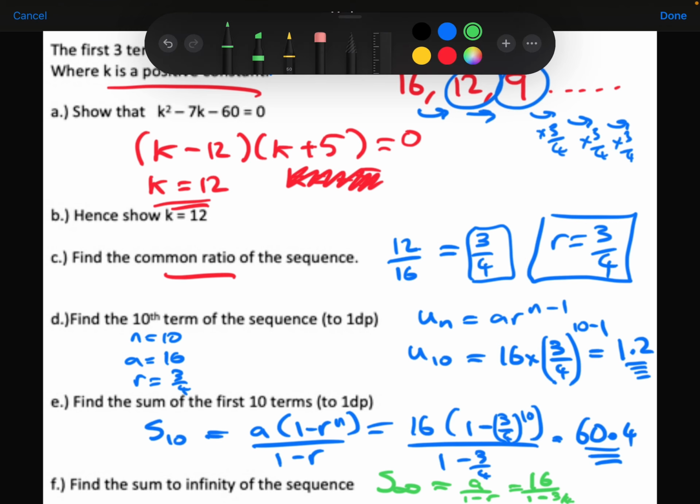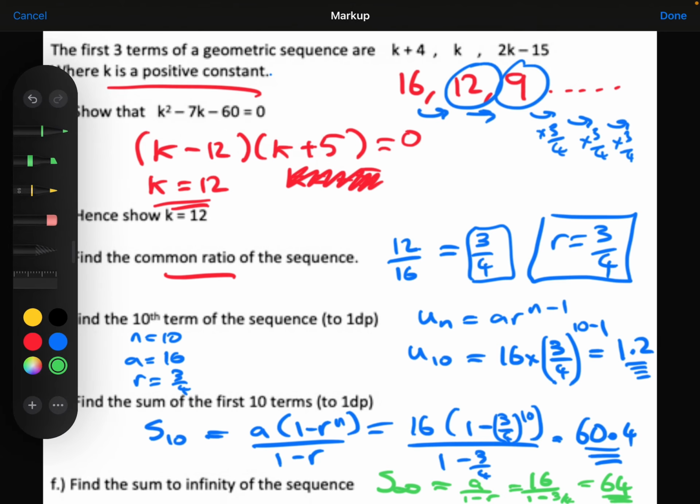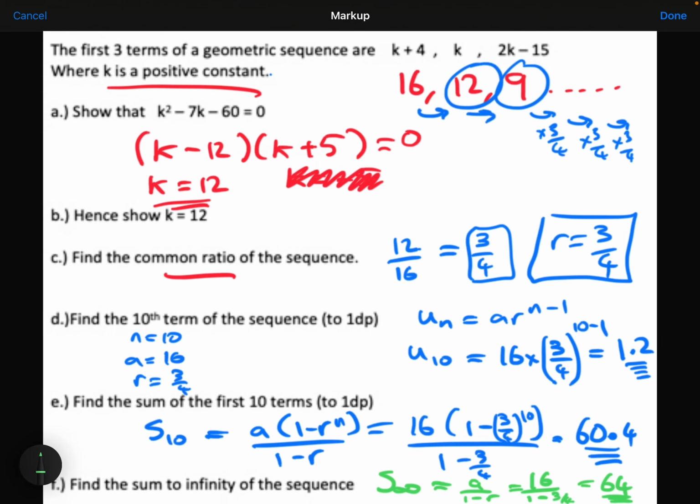So 16 divided by 1/4 is 64. So if I were to keep adding these terms up for an infinite number of terms, the answer would converge to 64. So that's it.